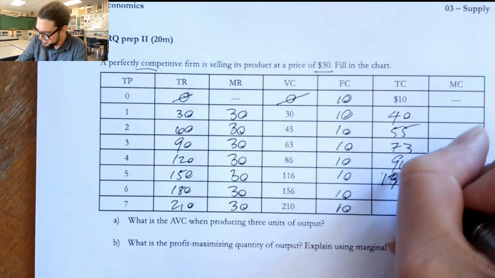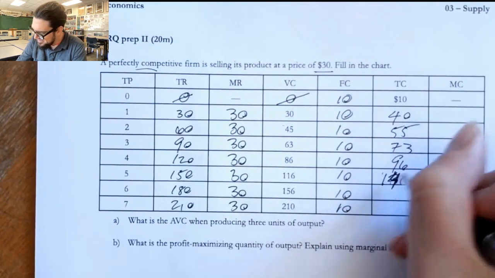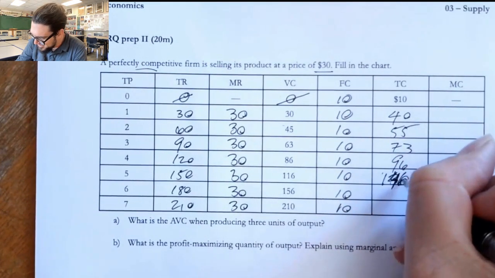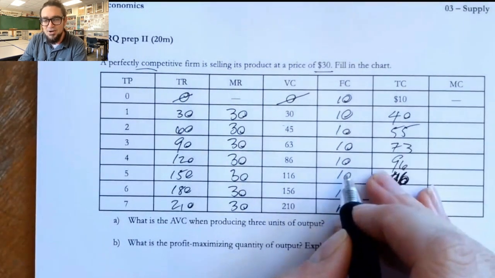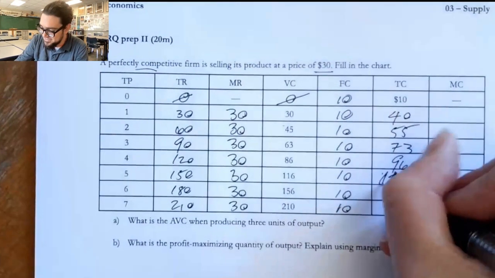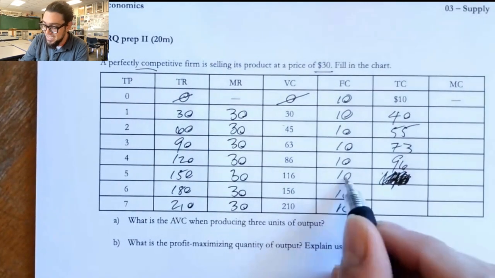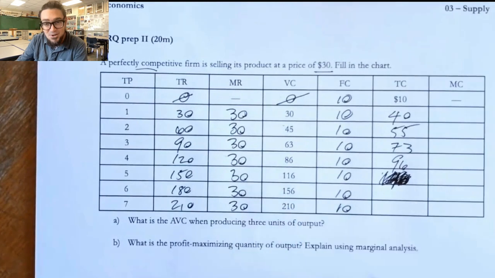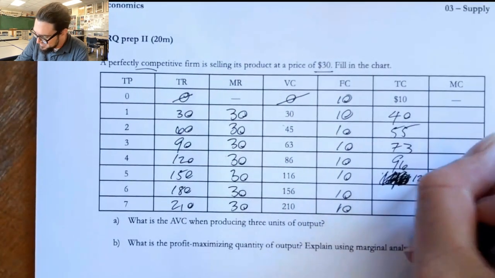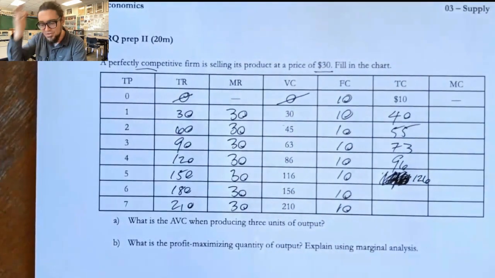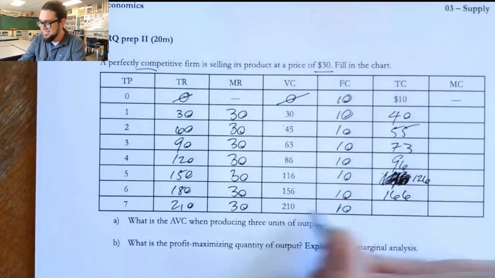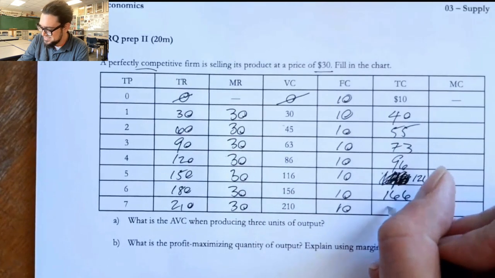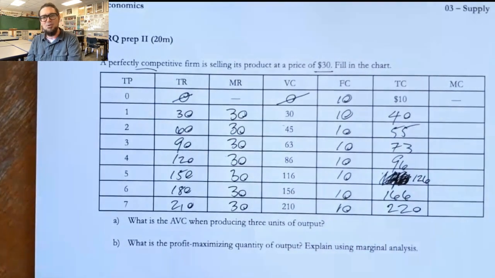I'm having a brain fart. 10 plus 116 is 126. 156 plus 10. I don't know why that was so hard for me. And 210 plus 10 is 220. This should have been way easier.